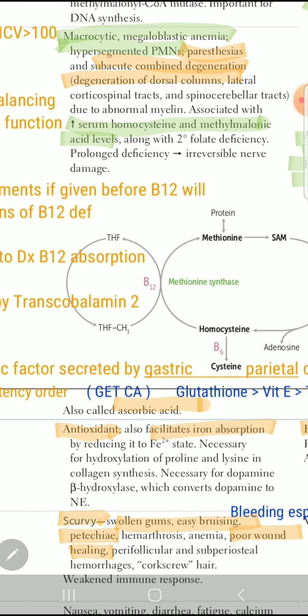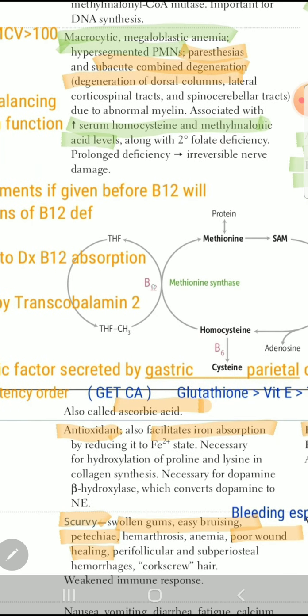So B9 as tetrahydrofolate and B12 are at the same juncture, but B12 is related to methionine more. It is close to methionine metabolism, and homocysteine is increased in case of B12 deficiency, but it is not increased in case of B9 deficiency. We will discuss it.